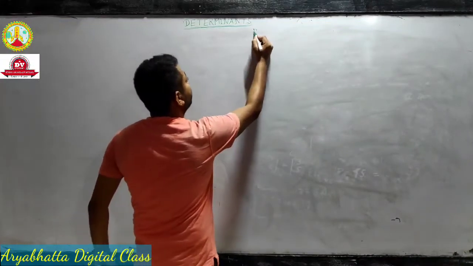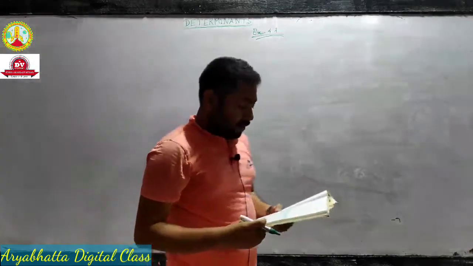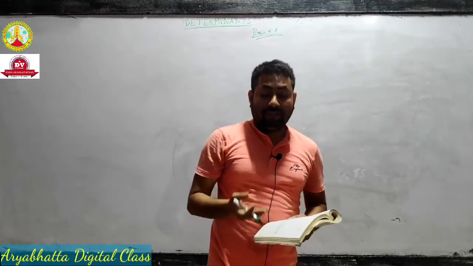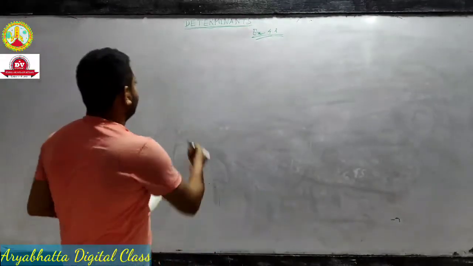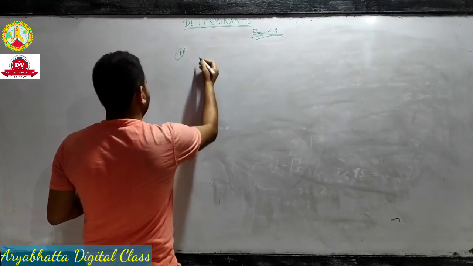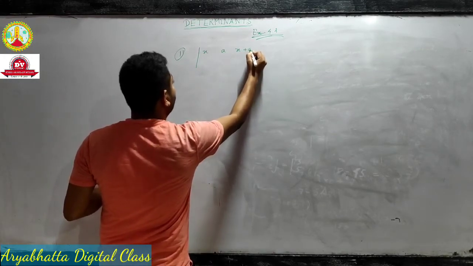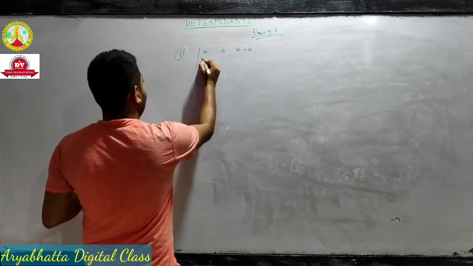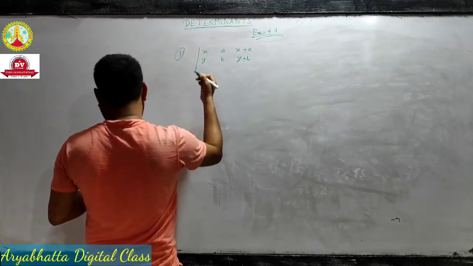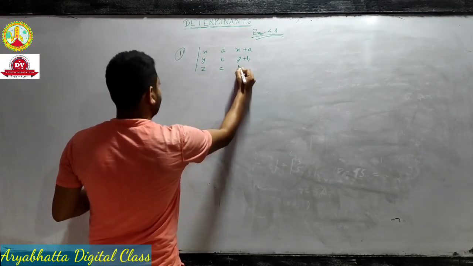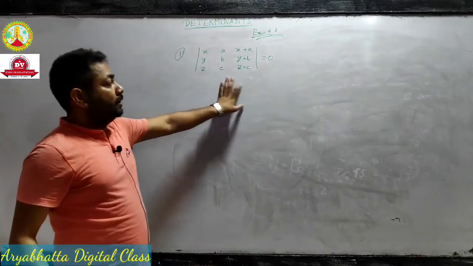Using the properties of determinants and without expanding, prove that question number 1: the determinant with first row x, a, x plus a, second row y, b, y plus b, and third row z, c, z plus c is equal to 0. Using properties, prove that this is equal to this.